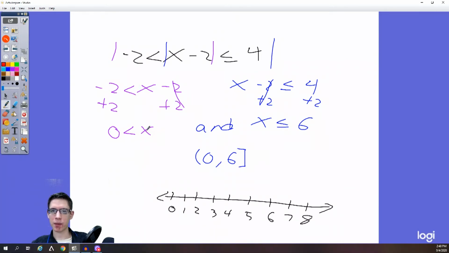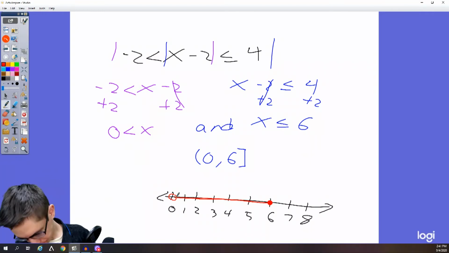Everything that x is has got to be bigger than 0, right? 1 can go here, 2 can go here, 3 can go here. These are numbers that satisfy the inequality. So that means 0 gets our open circle, and 6 is our upper boundary. x has got to be smaller than or equal to 6. So 5, 4, and 3, those satisfy. So we'll put a closed circle here, and then we'll sketch a line connecting them. And that, my friends, is how you do conjunctions.